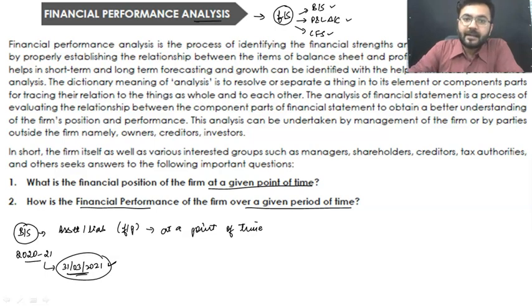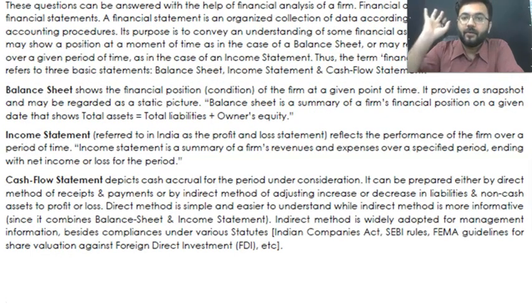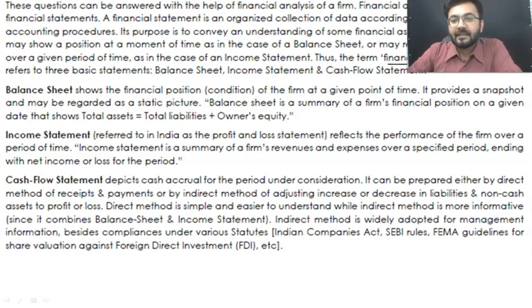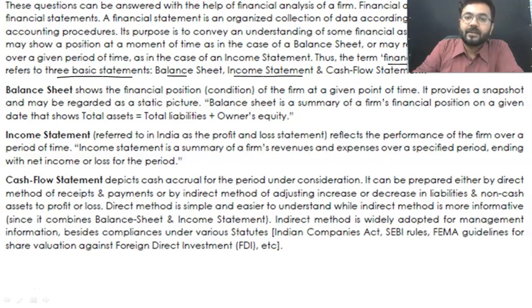So financial statement analysis is all about using these financial statements, where you are going to collect data, and after that you are going to ensure that proper accounting procedures have been followed, and at the end we are going to say, yes, this is our analysis. So the term financial statements generally refers to three basic elements: balance sheet, income statement, that means profit and loss account, and cash flow statement.